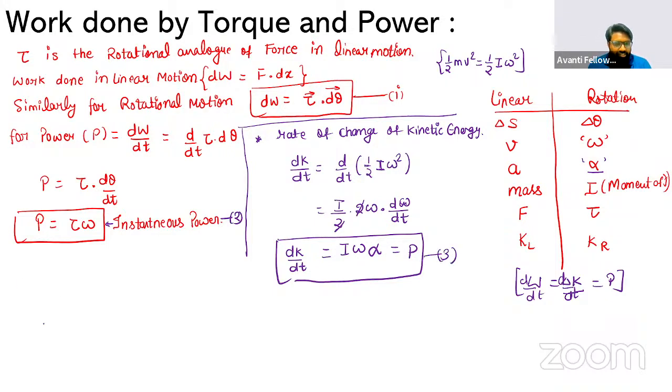Comparing equations 2 and 3, we will have tau omega is equal to I omega alpha. Omega and omega will cancel out. So tau here we have as I into alpha.